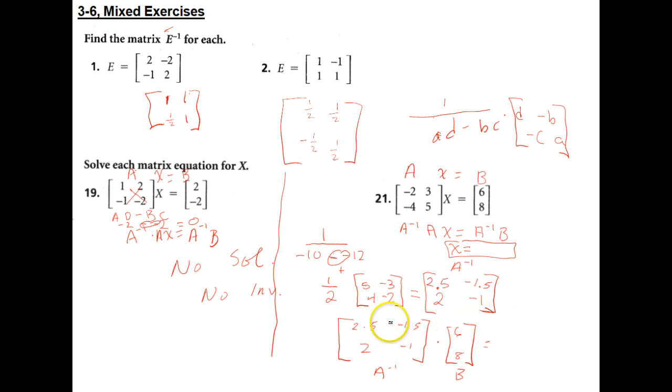So when I multiply these two things, 2.5 times 6 is 15. And negative 1.5 times 8 is negative 12. So 15 plus negative 12. And then I've got 2 times 6, which is 12, and negative 1 times 8, so 12 plus negative 8.